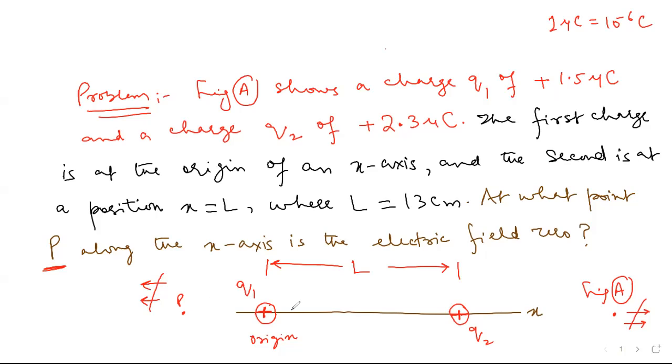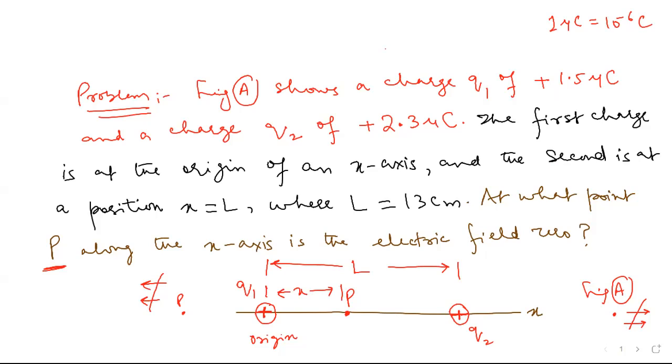So that point P, therefore, must lie between the charges because only in this region the fields due to Q1 and Q2 oppose each other. So suppose this point P which we are going to find is at x distance from Q1, right?